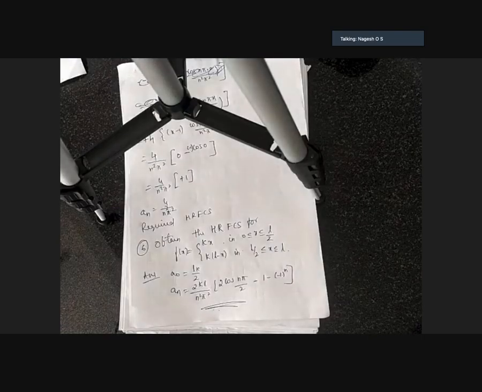Any doubt? Any doubt in this? We move to next one. Understood or what? Not getting any reply.